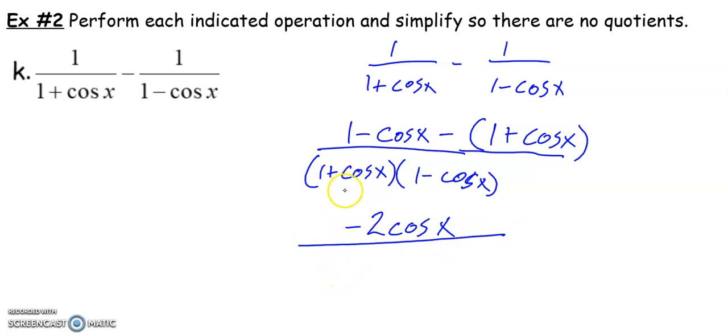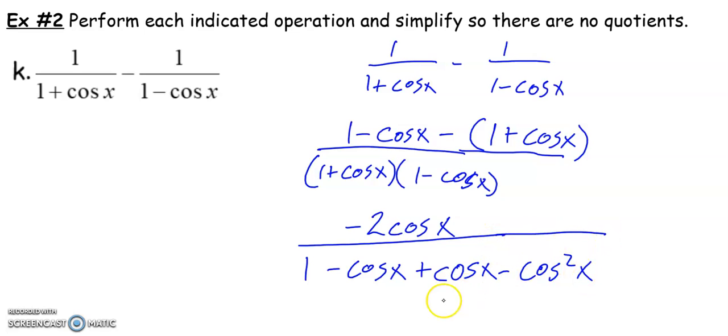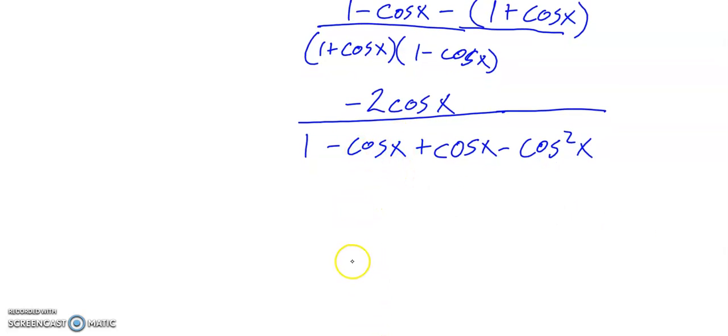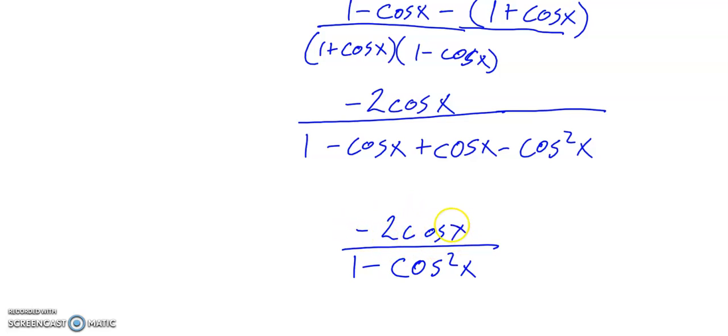And that's going to be over, I'm going to go ahead and multiply these together. So 1 times 1 is 1, minus cosine x plus cosine x. Cosine x times cosine x, with a plus and a minus, gives me negative cosine squared x. The two terms in the middle are going to cross out, so in the denominator I'm left with 1 minus cosine squared x, and on top we have negative 2 cosine x.